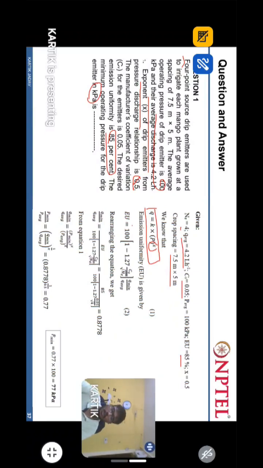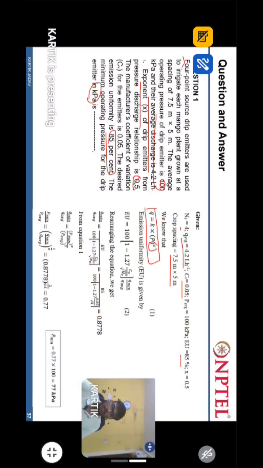So let's put all these given values in this, and let's identify the pressure, right? Minimum pressure required for the drip emitter to achieve the 85% emission uniformity.